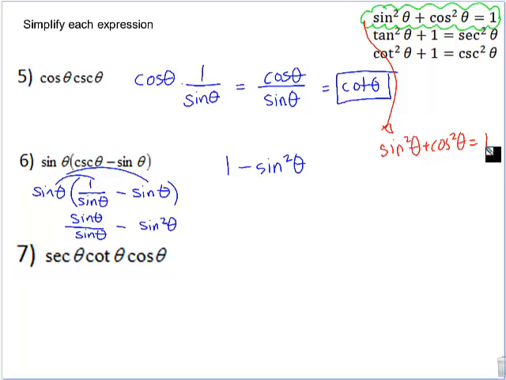How could I rewrite this so that it says 1 minus sine squared of theta? Yep, subtract the sine squared of theta over. So cosine squared of theta equals 1 minus sine squared of theta. So what does 1 minus sine squared of theta equal? Cosine squared of theta.